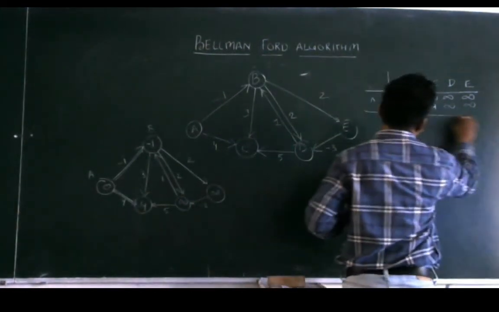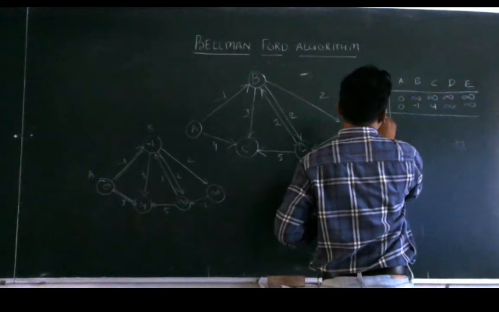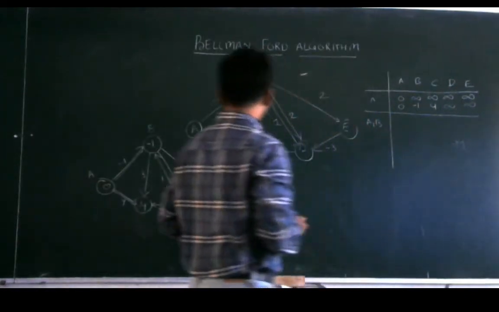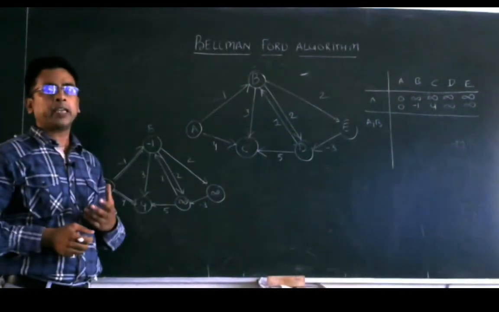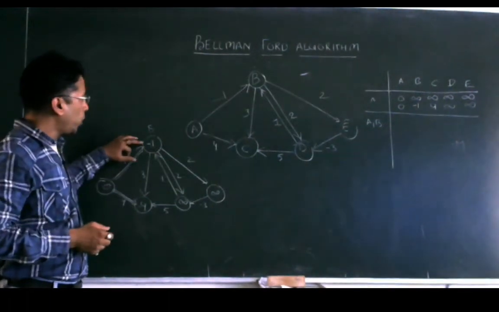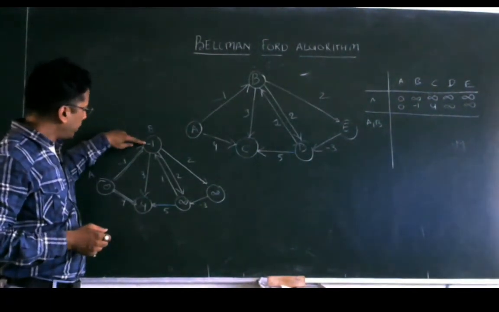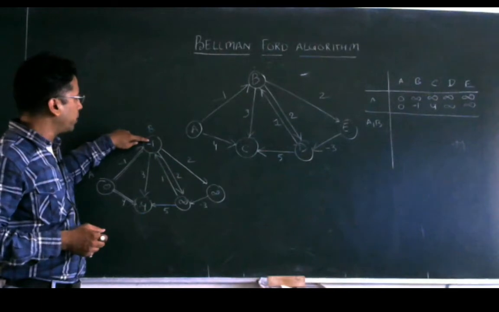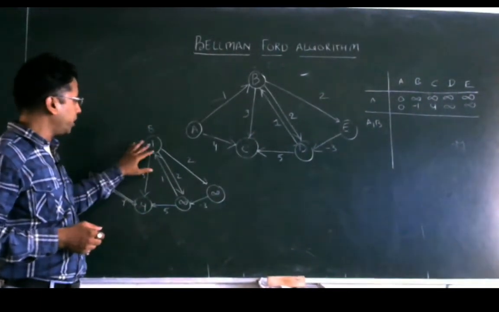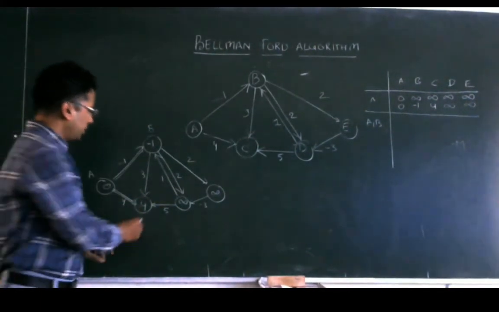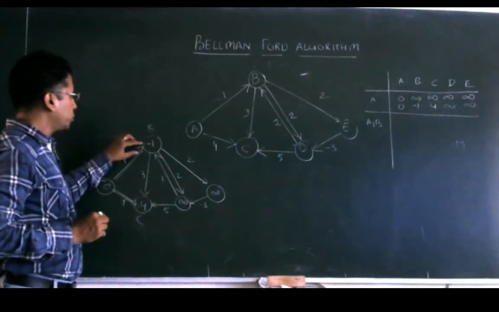Now I shall use the vertex B, and I shall check how many nodes I can relax through this. So now I am considering node B because this node is at a value smaller than node C. Right. So I prefer this node.